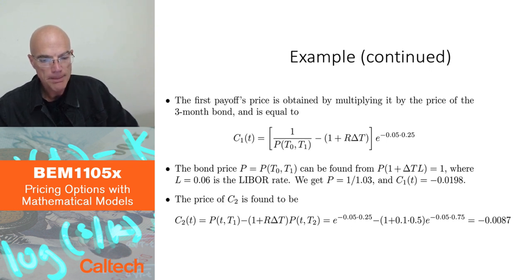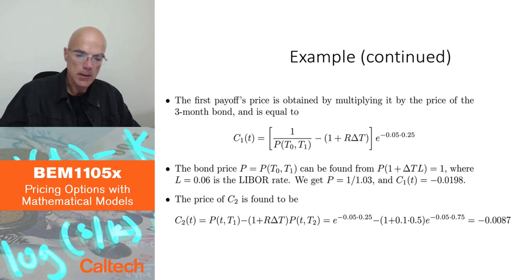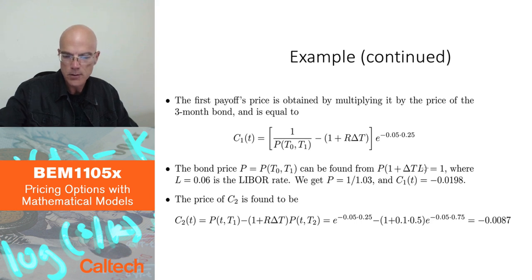And then, actually, well, I said it's known, but we have to compute it. I didn't give it to you in the information in the previous slide. So how can we compute it? Well, we have this definition of the LIBOR rate, which can be written like this: the price of the bond times the LIBOR times delta t should be 1.